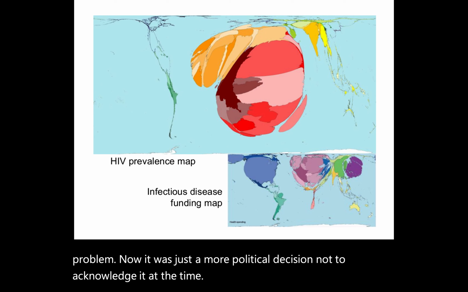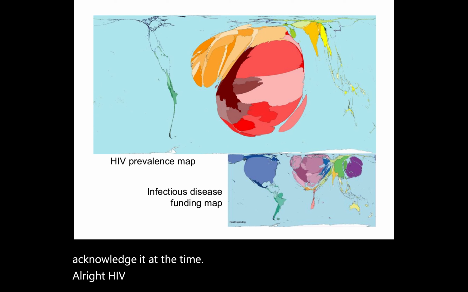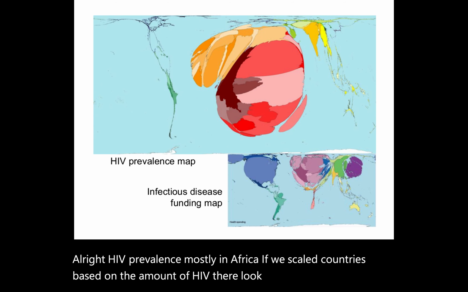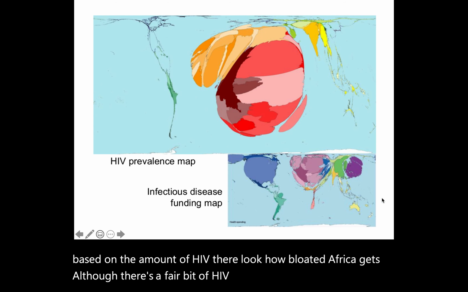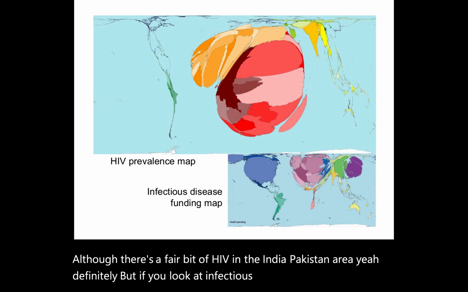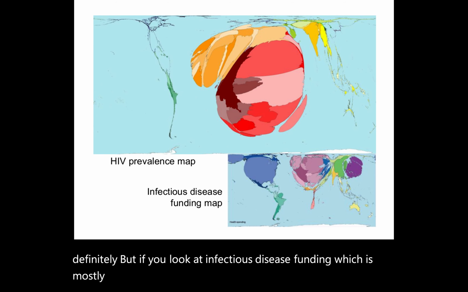All right, HIV prevalence, mostly in Africa. If we scaled countries based on the amount of HIV there, look how bloated Africa gets. Although there's a fair bit of HIV in the India-Pakistan area. Yeah, definitely. But if you look at infectious disease funding, which is mostly directed at HIV research, look at that.